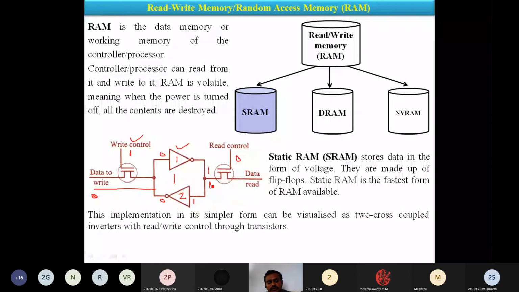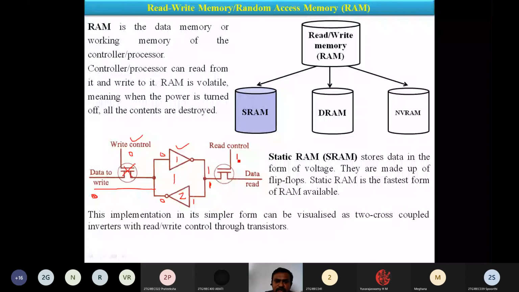Now go for the data reading purpose. If you want to read the data, make the write control off and the read control on. Once you make the write control off, this transistor will be off, meaning no data will be supplied to this flip-flop.